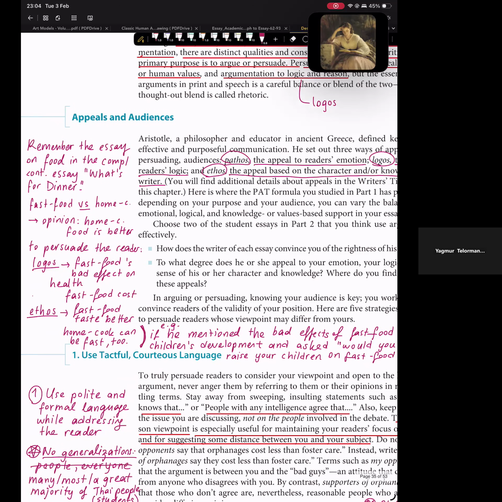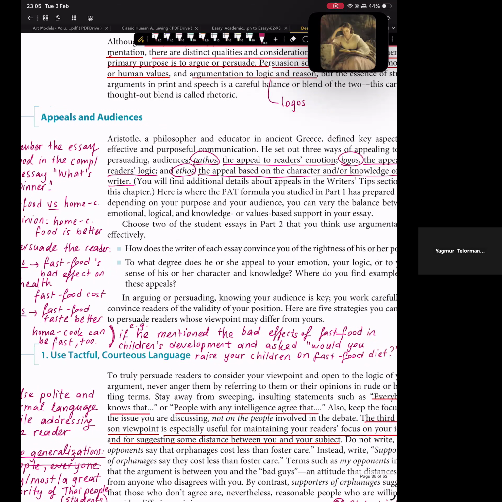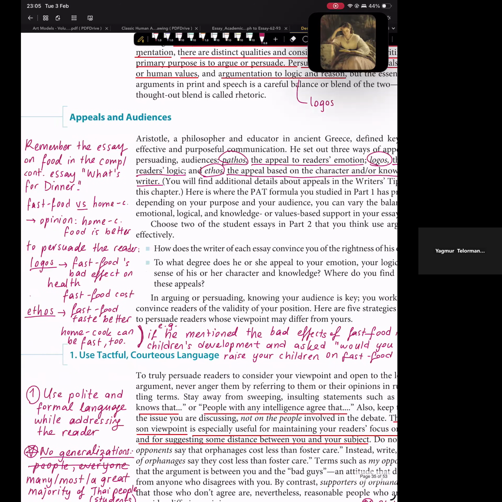And when the author mentioned that fast food tastes worse, as opposed to home cooked food, home cooked food tastes better, and also home cooked food can be fast too, he was appealing to ethos based on knowledge of the writer.